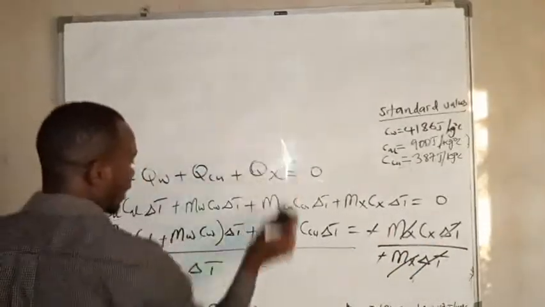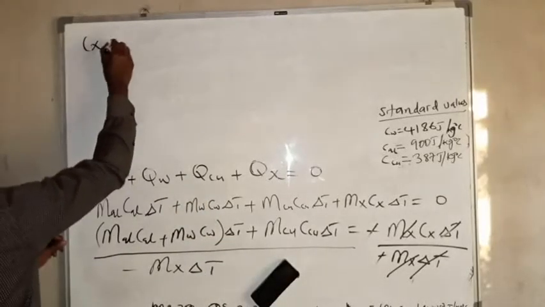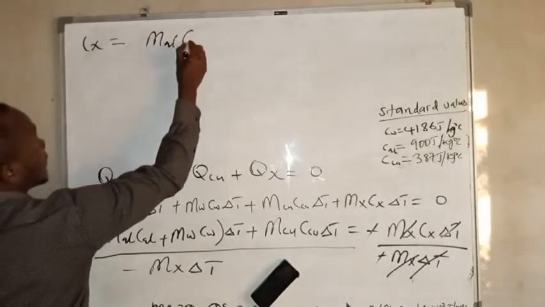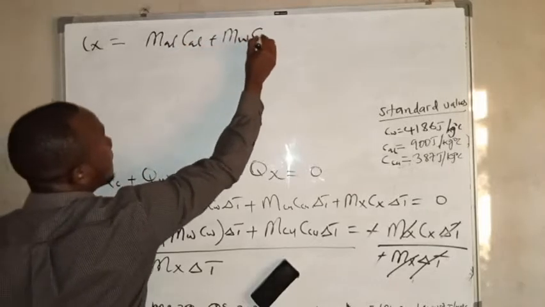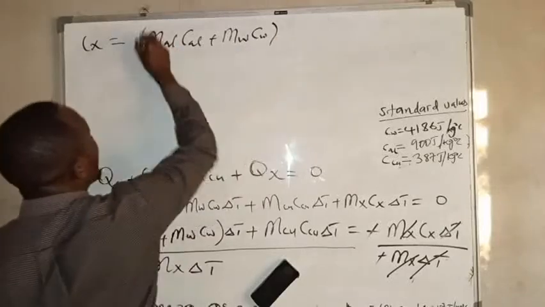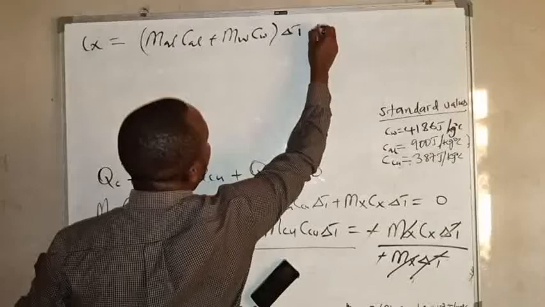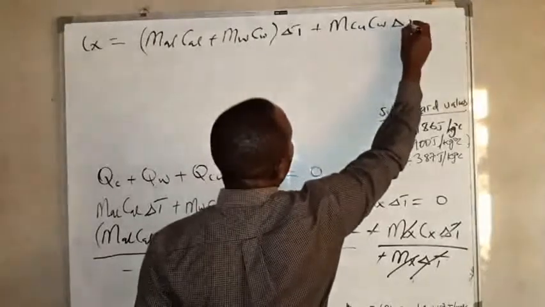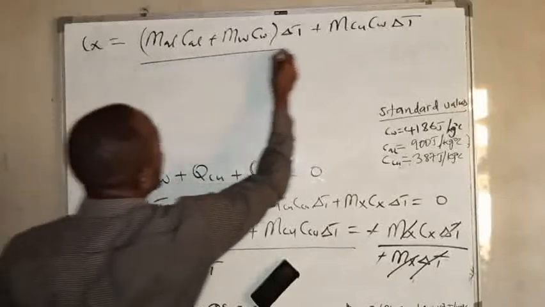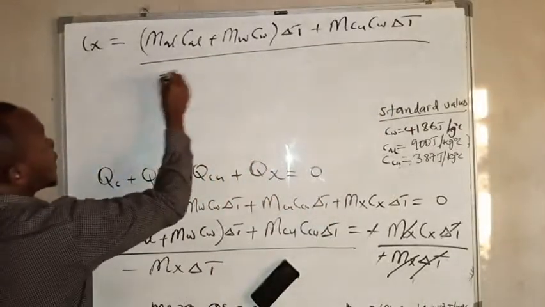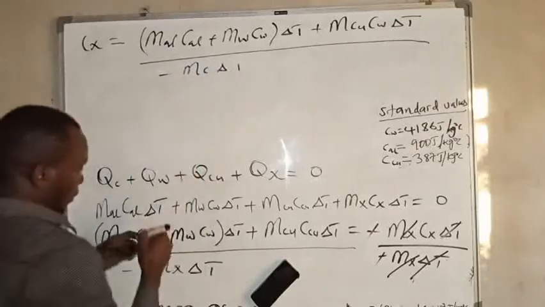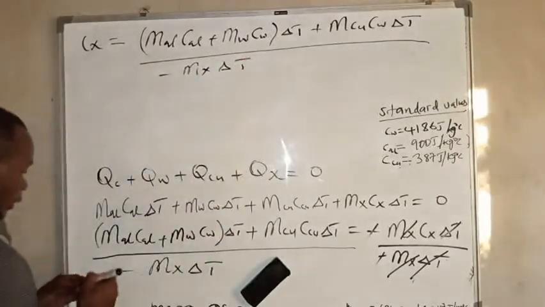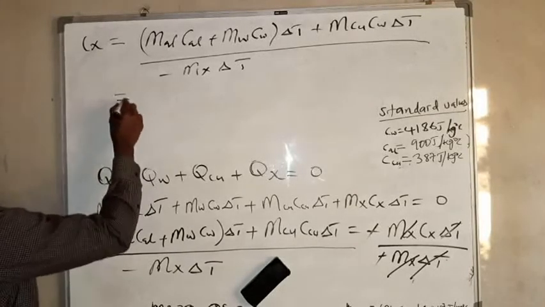What we're going to have is Cx equal to the mass of aluminum, C of aluminum, plus mass of water, C of water, plus mass of copper, C of copper, delta T, over negative mx delta T.